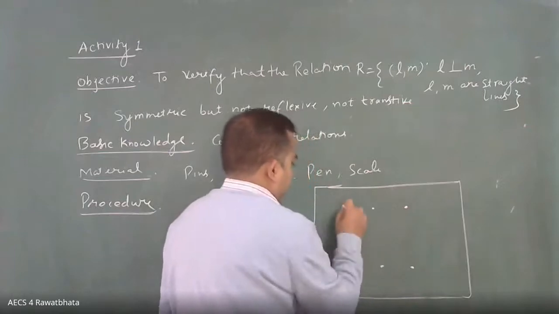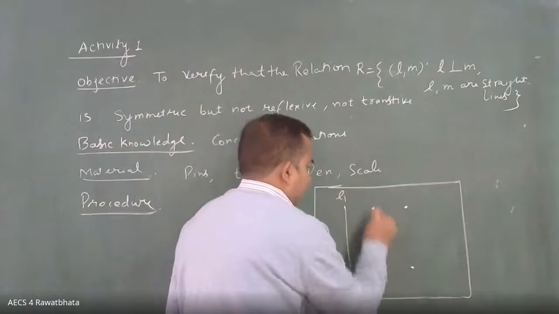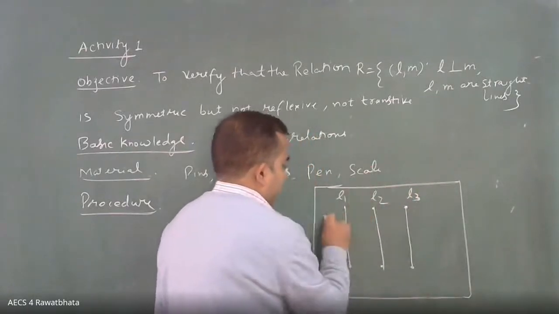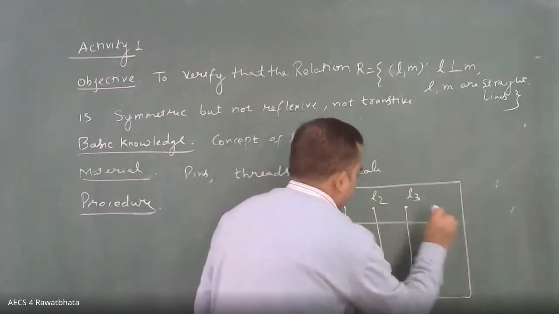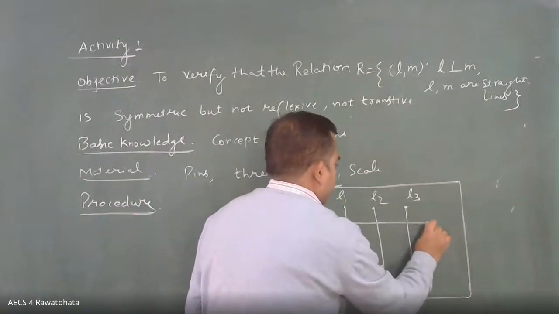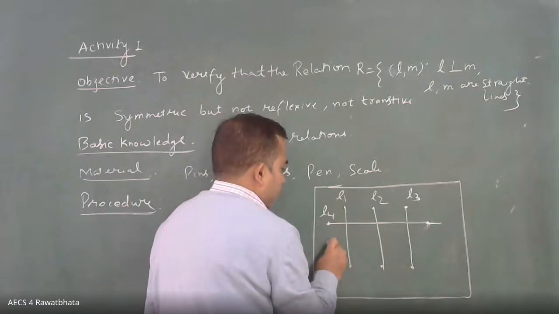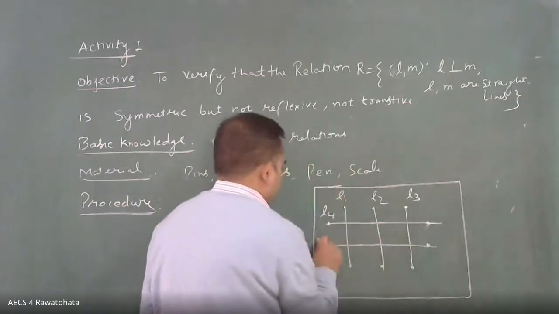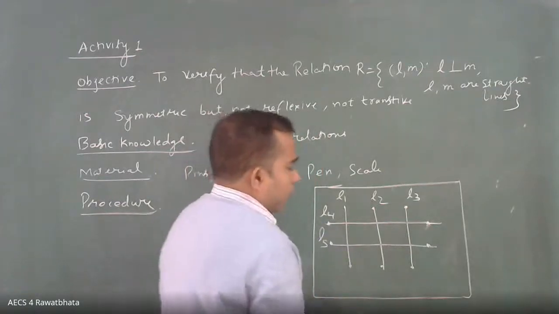Suppose this line we have drawn, I'll call it L1, L2, L3. The more pins you use, let it be L4. Some more pins you use, let it be L5. Like this.